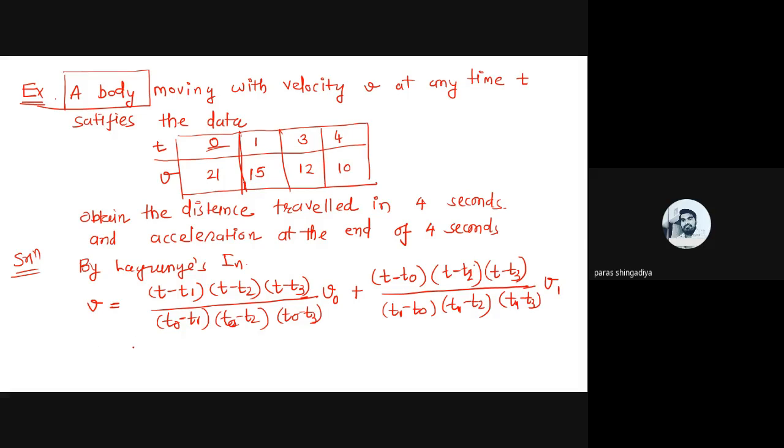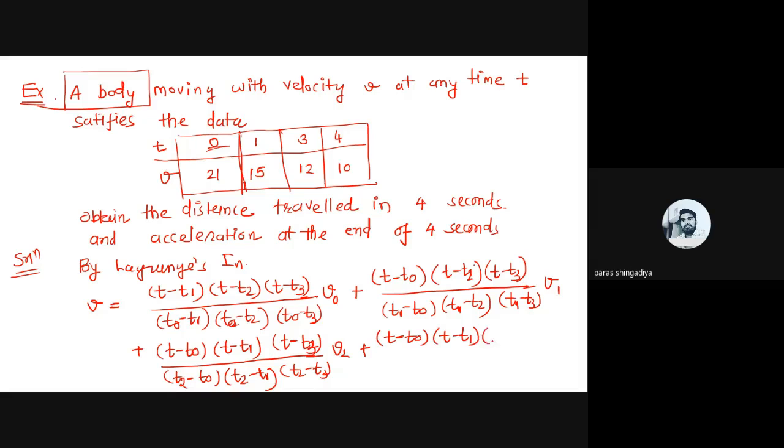Third term, that is for t2: (t minus t0)(t minus t1), and we'll skip t2 now, (t minus t3), divided by (t2 minus t0)(t2 minus t1)(t2 minus t3) into v2. And the last term, that is for t3: (t minus t0)(t minus t1)(t minus t2) divided by (t3 minus t0)(t3 minus t1)(t3 minus t2) into v3. So this formula you will get for Lagrange interpolation for this data.